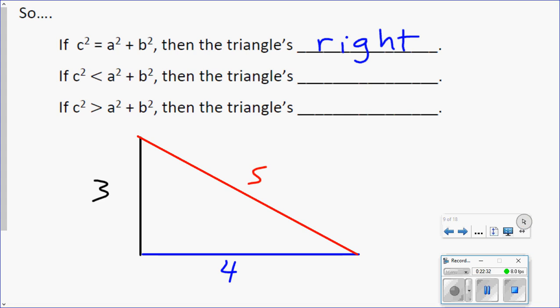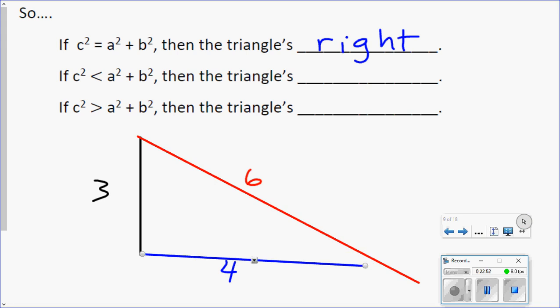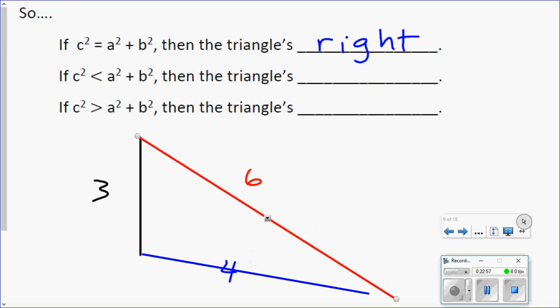If I make that 6, and I keep the other two at 3 and 4, 6 is going to be something like that. Okay? So in order to keep the corners together, I'm going to have to move that open. I'm going to have to bring this down. And so what happens to that 90-degree angle? It turns obtuse.